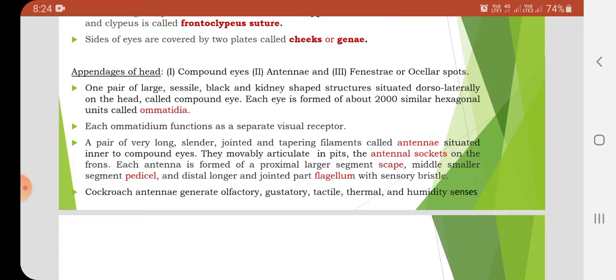The proximal larger part is called the scape, the middle smaller segment is called the pedicel, and the distal longer, many-jointed part is the flagellum. The flagellum bears sensory bristles. These are olfactory and tactile in function. Cockroach antennae mediate mainly olfactory, gustatory, tactile, thermal and humidity senses.